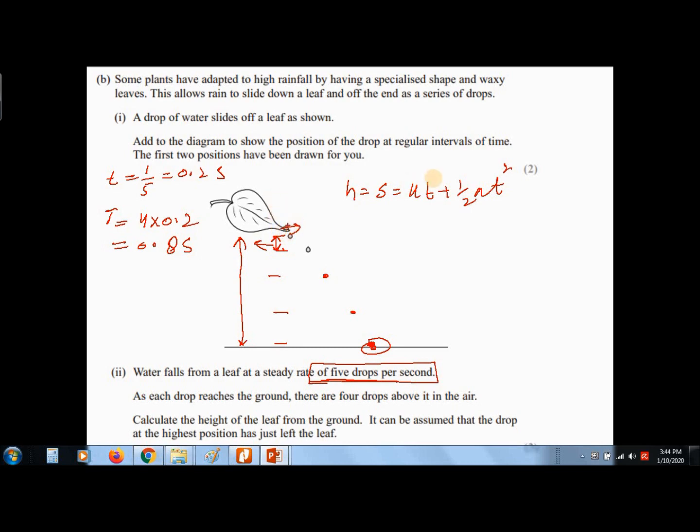We don't have a vertical motion, so u is 0. So finally, the height h is 0.5, because this term is gone because of 0, so we have half, meaning 0.5 into a, acceleration 9.81 times t square, 0.8 whole square. So h is equal to 3.14 meter.